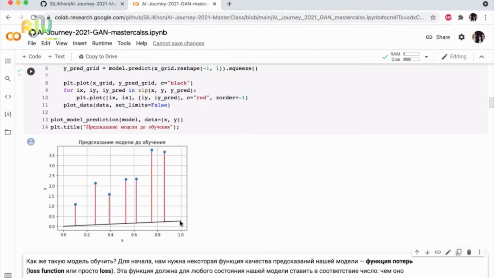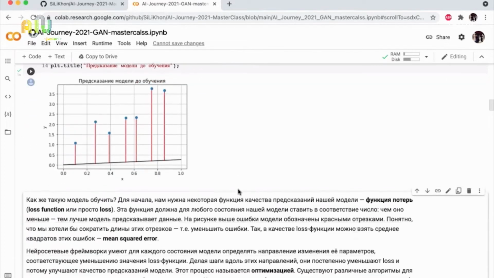K and B parameters were initialized randomly, and this random initialization corresponds to this black curve. The dots of our data set are here, and the red lines show errors, the differences between the dots and the line. These errors need to be minimized. This is how we're going to train the model.